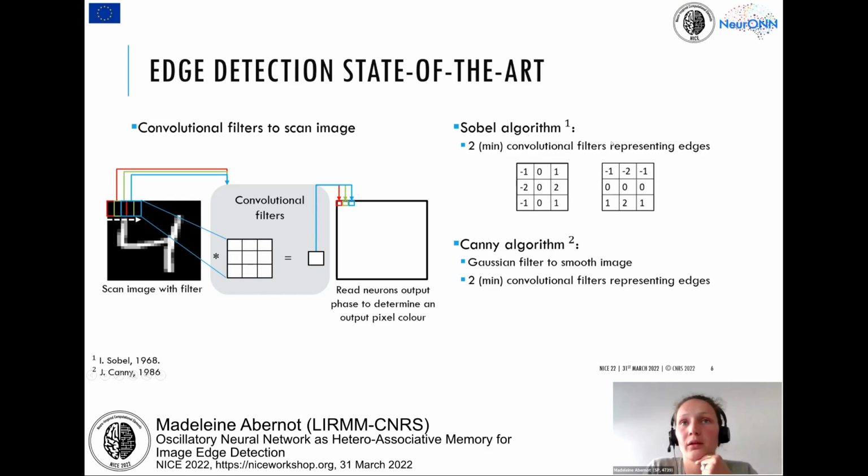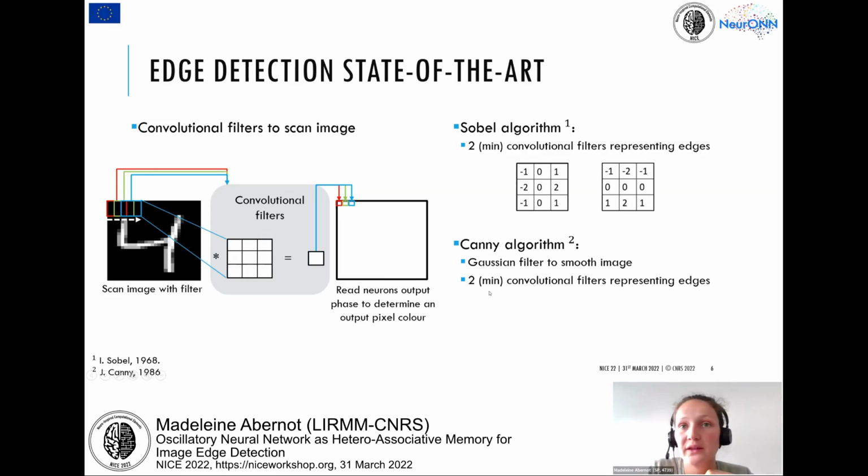The two main algorithms are Sobel and Canny, and they both use convolutional filters. For example, the filters of the Sobel algorithm are those two kernels with those coefficients. One is more to detect a vertical edge and the other to detect a horizontal edge. Combining the two and applying them on the full image, they are able to retrieve the edges of the image.